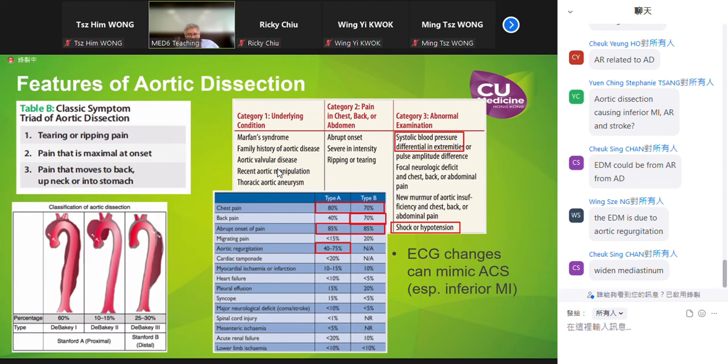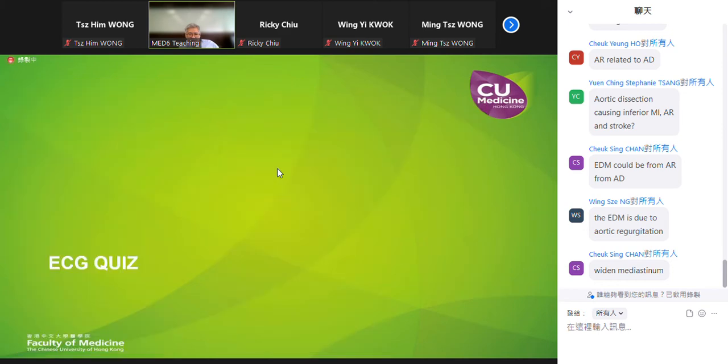We put a balloon pump in the patient, and without knowing it, I put the balloon pump into the dissection plane and actually pumped into that plane, causing massive extension of the dissection. We were not thinking at all, so it can happen. Luckily the patient survived. But the ECG can mimic, especially inferior MI.